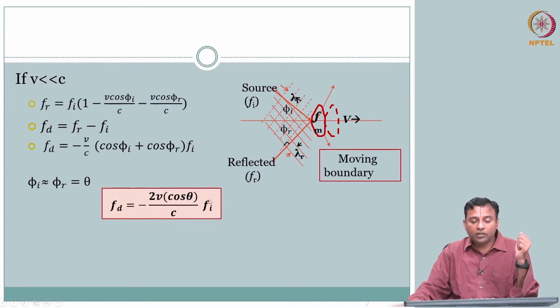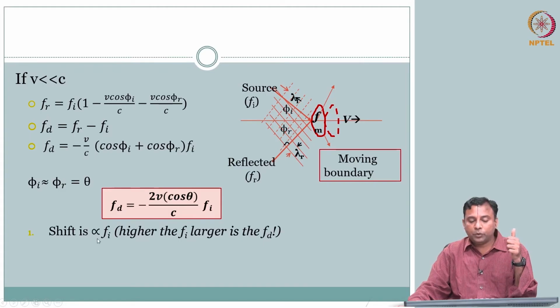More interestingly, it is also dependent on Fi. What that tells you is, if I want to increase the Doppler shifted frequency, I can also increase my Fi. So this itself is not a big deal. So shift is proportional to Fi.